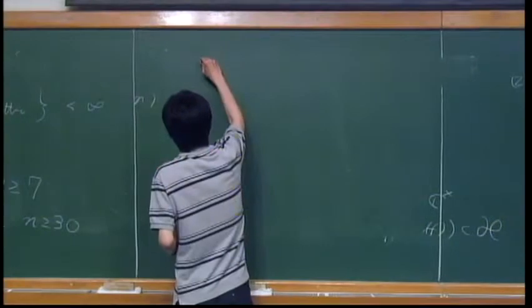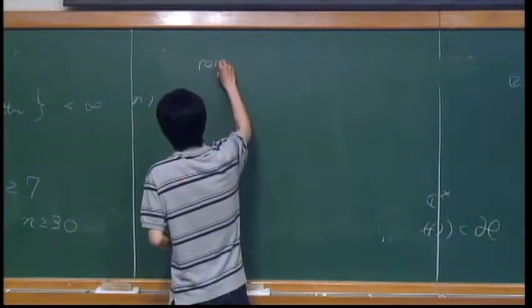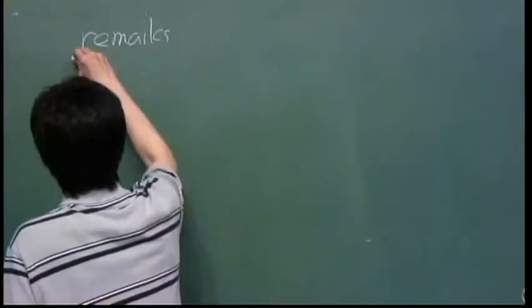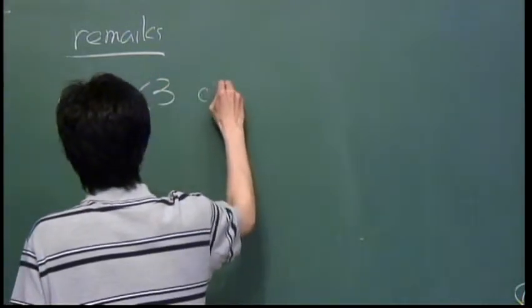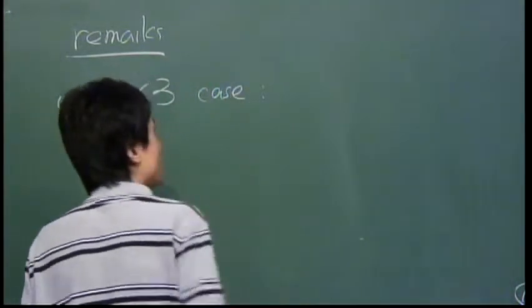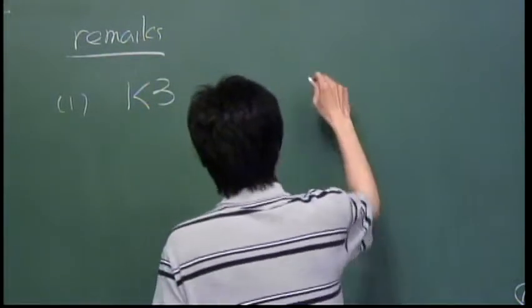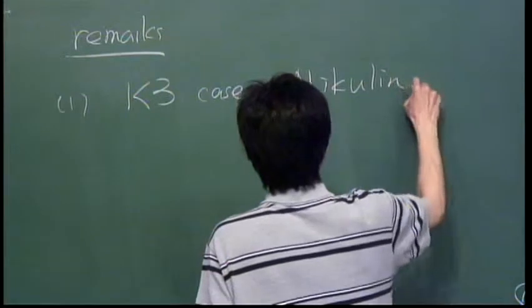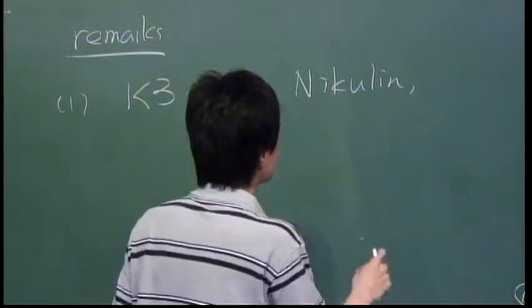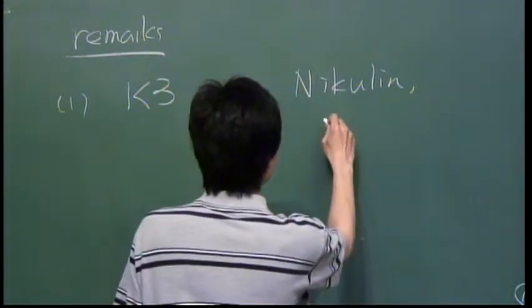Now I have to remark that in the polarized K3 lattice case, the finiteness was first proved by Nikulin, and then also strengthened by Looijenga.